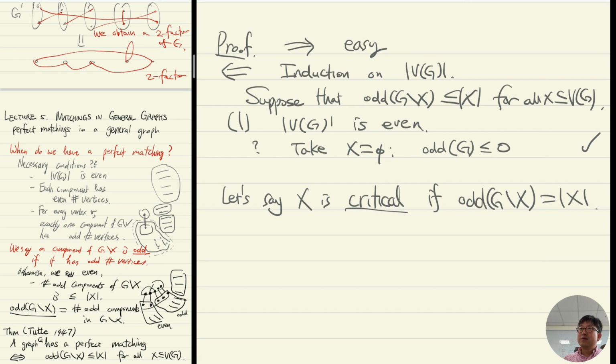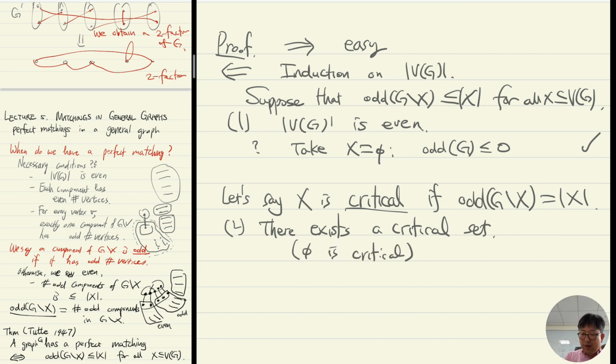Now, there's at least one critical set. Why? Well, because the empty set is critical. Sure, that's not a problem.